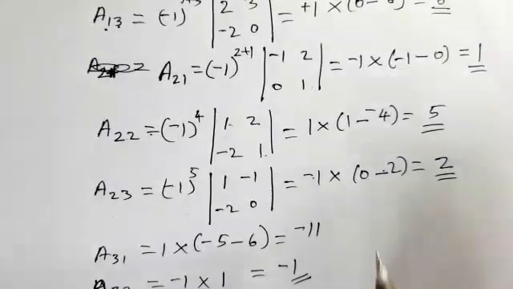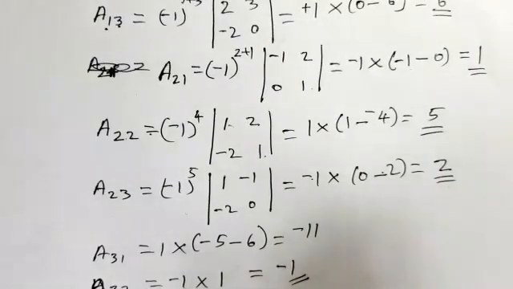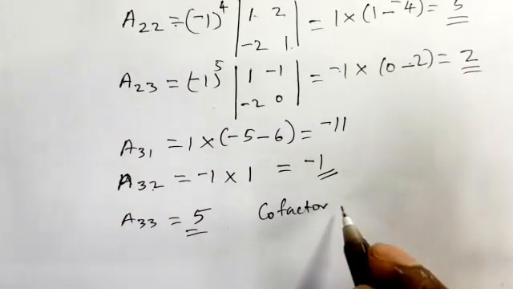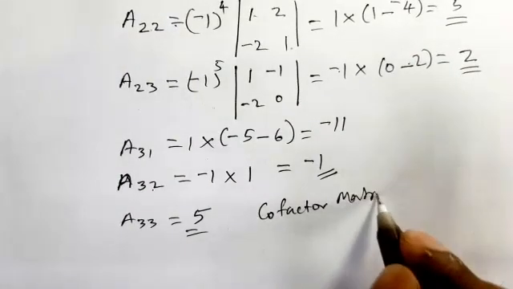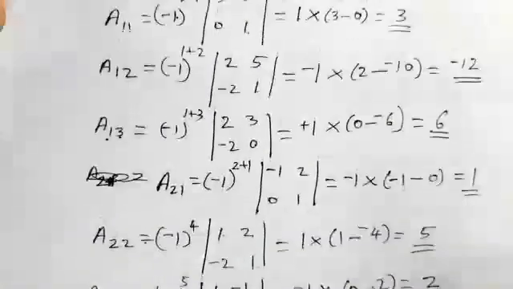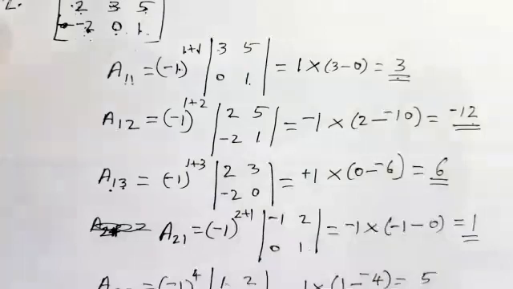Now all these elements we can write in matrix form. So it will be the cofactor matrix. Therefore the cofactor matrix is equal to: first we got A11 is equal to 3, minus 12, 6.